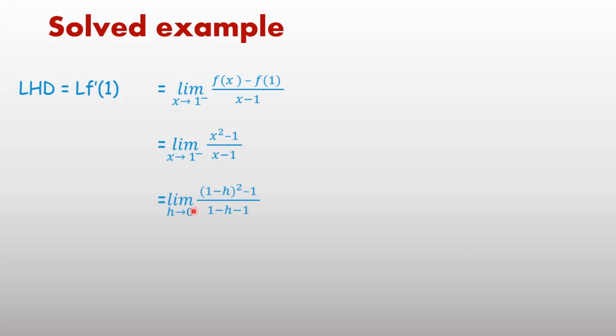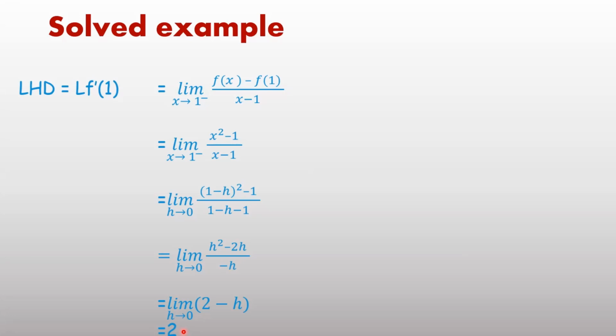Next step, x tends to 1 minus means put x equal to 1 minus h, simplify, then h square is common and cancels out, and after solving you are getting the left hand derivative as 2.